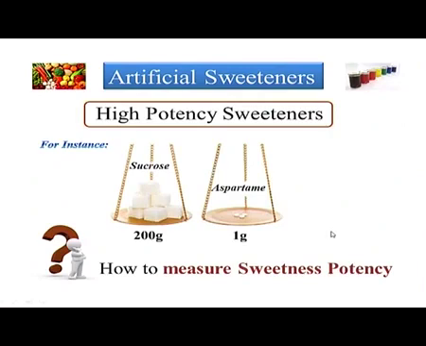So the important point to mention here is how sweet is an artificial sweetener, which means how would we measure the sweetness potency of a particular molecule, right. For example, we generally claim that aspartame is 200 times sweeter than a simple sugar molecule, which is sucrose. Okay, so it is 200 times sweeter. Now the point is, how do we measure it? Well, that's very interesting. You would be surprised to know there is no instrument which would measure sweetness for you.